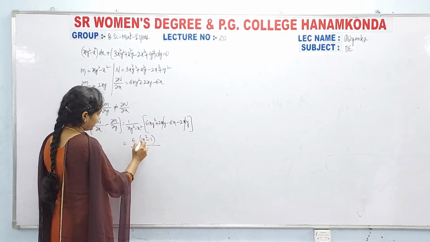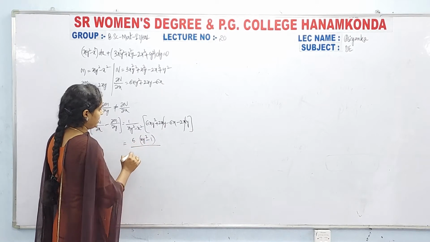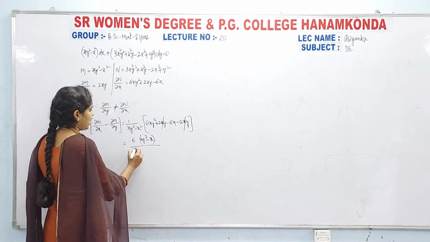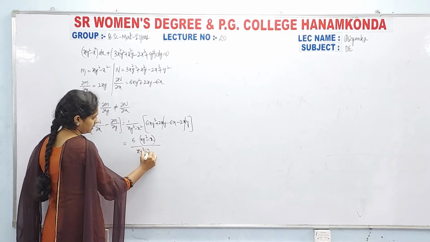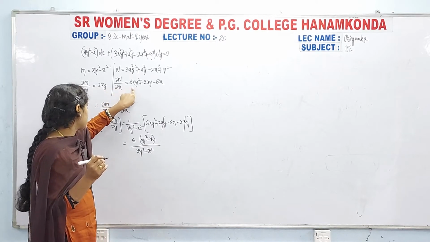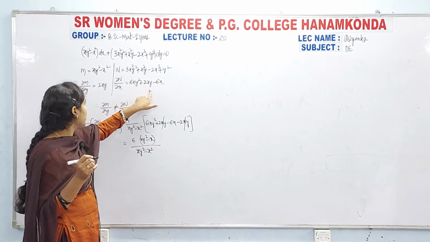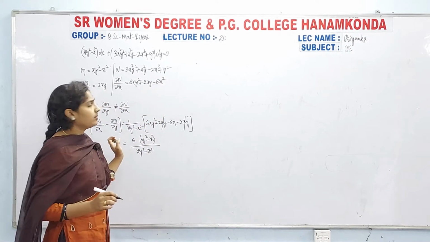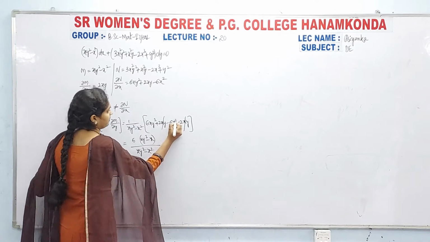So, here xy square minus x, right, and here xy square minus x square. One second. 6x y square plus 2xy plus here it is x square, right, 6x square.